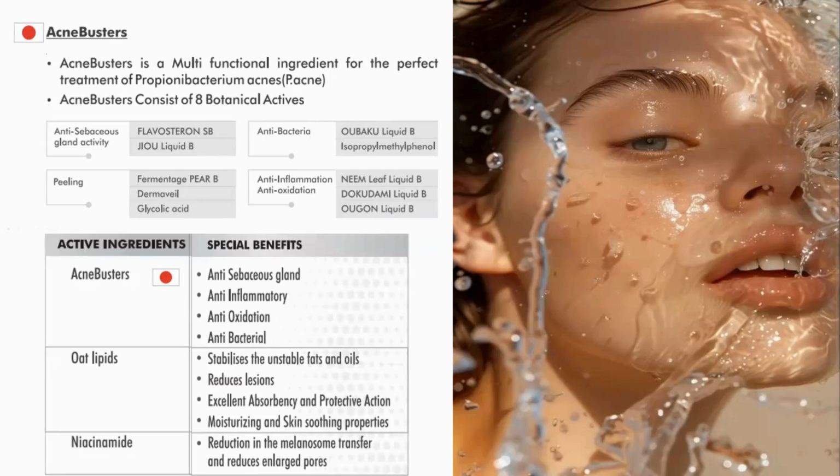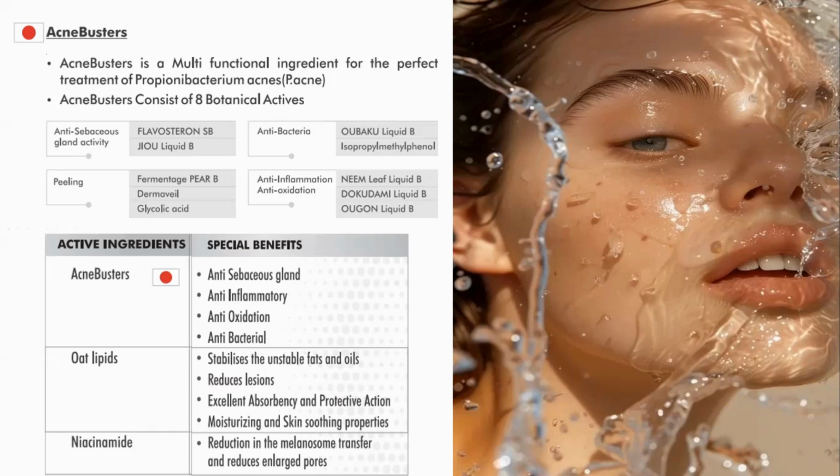So such Acne Buster consists of 8 botanical actives. That's why it is considered a multifunctional ingredient. So let's understand what such 8 botanical actives are.